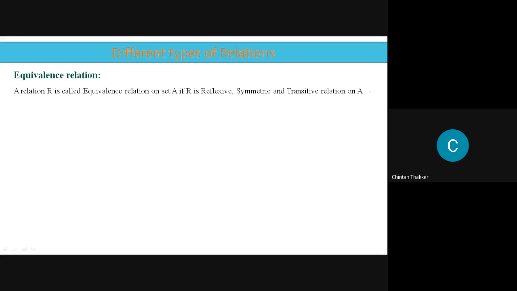So if all three conditions are satisfied, then that relation is called an equivalence relation. Which are the conditions? Suppose R is a relation on A.